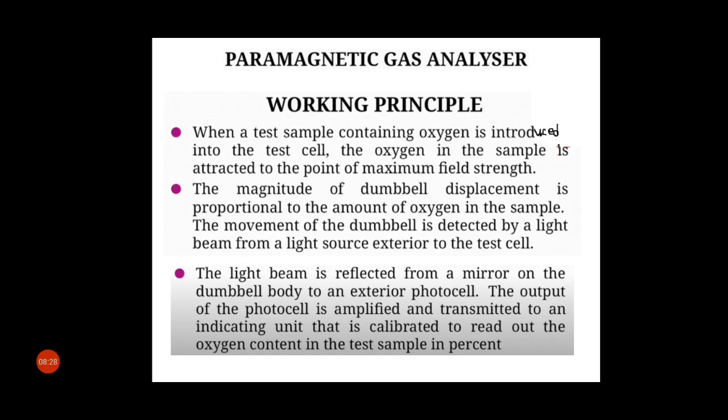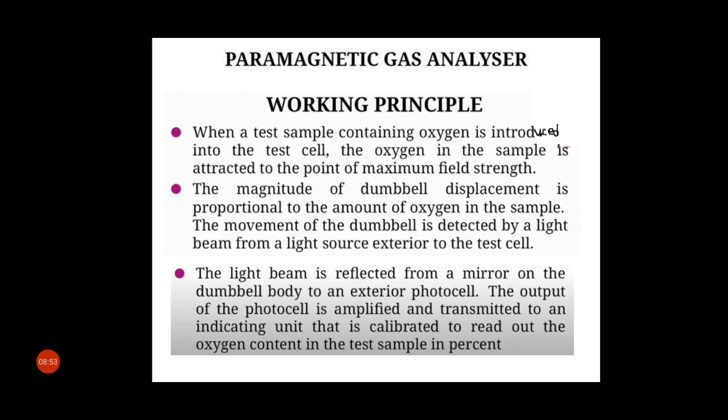When a test sample containing oxygen is introduced into the test cell, the oxygen in the sample is attracted to the point of maximum field strength. The magnitude of dumbbell displacement is proportional to the amount of oxygen in the sample.